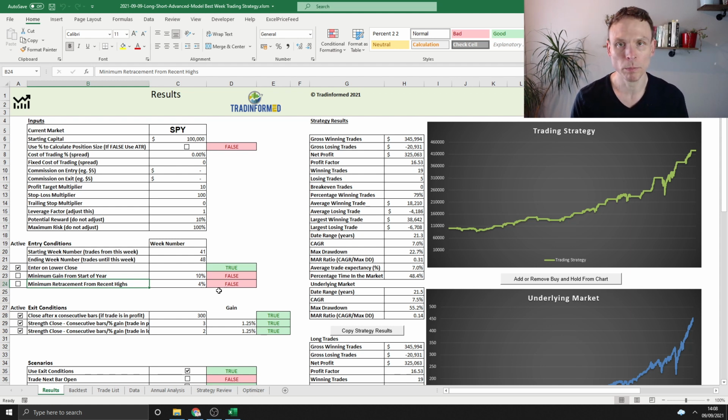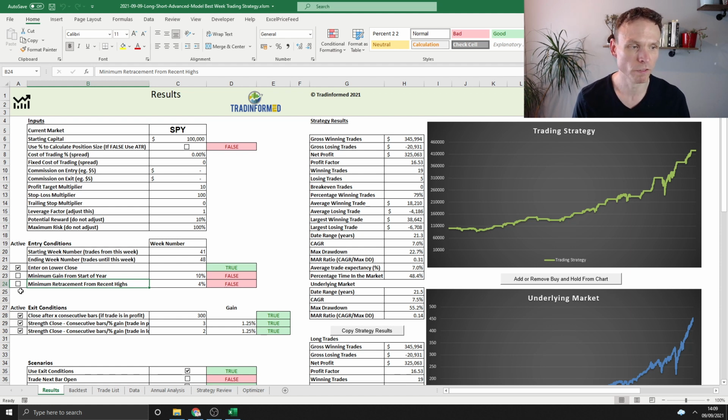A lot of people, myself included, are sometimes concerned about buying near highs. Now, with some obvious justification, very often buying near the highs does not get us value. However, particularly in momentum style conditions, but also just very often if markets are doing well, the likelihood is they will continue to do well.